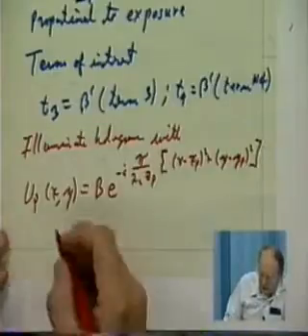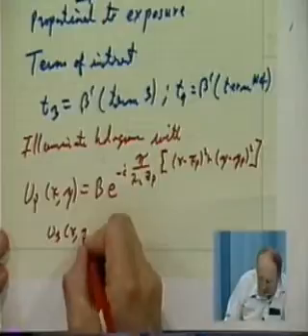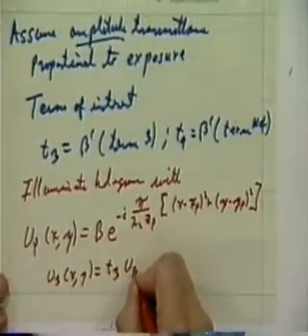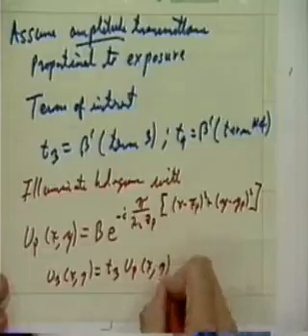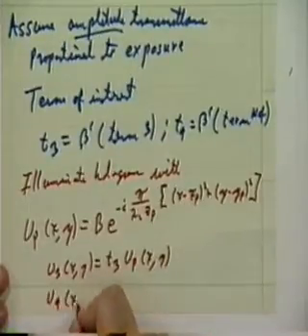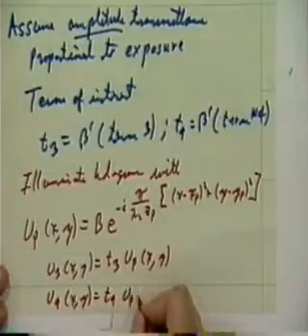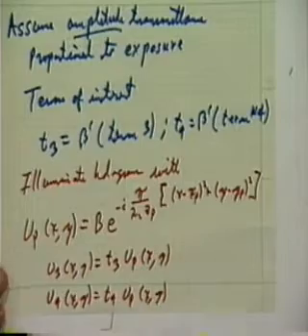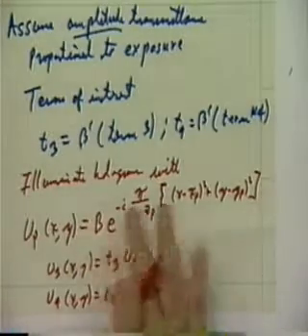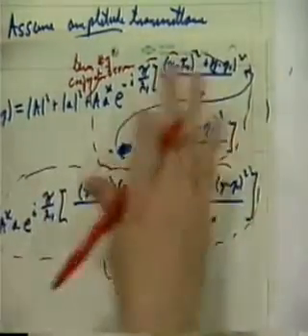And then the two terms of interest will be u_3(x,y), which is t_3 times u_p, the reconstructing beam, and u_4(x,y), which will be t_4 times u_p(x,y). So we're going to take this spherical beam and multiply it times this mess I have on this page right here.